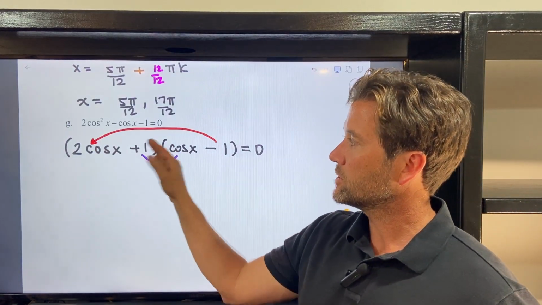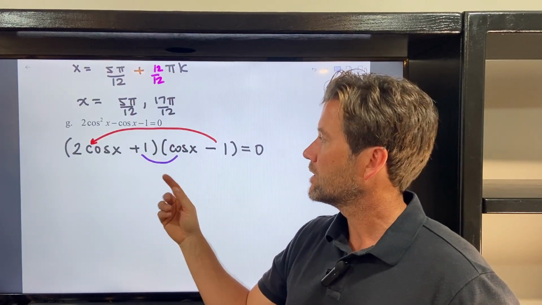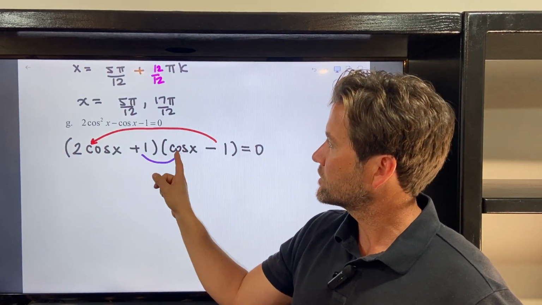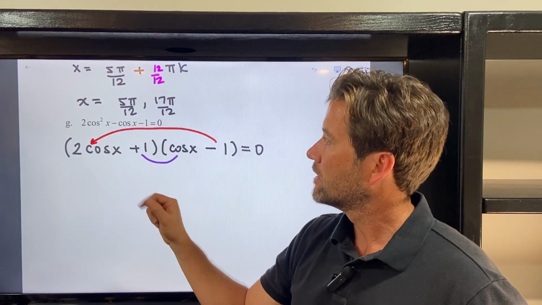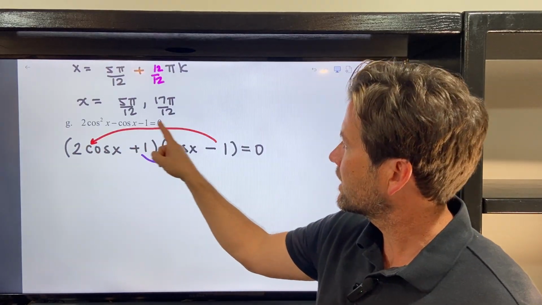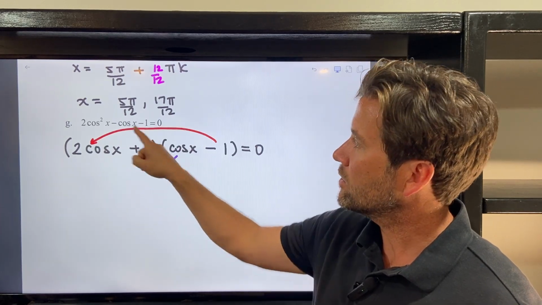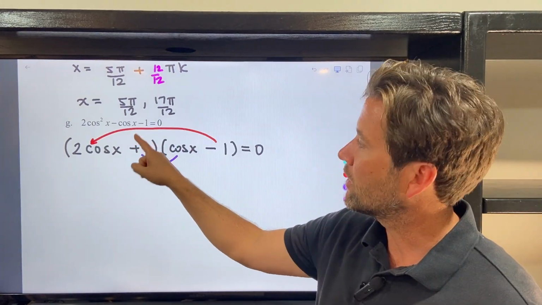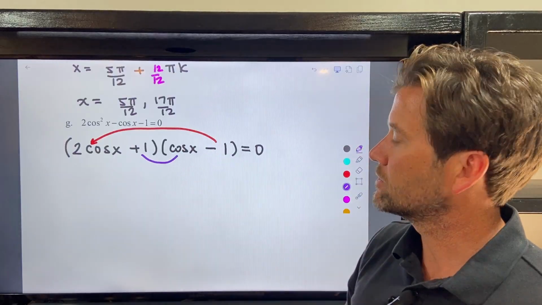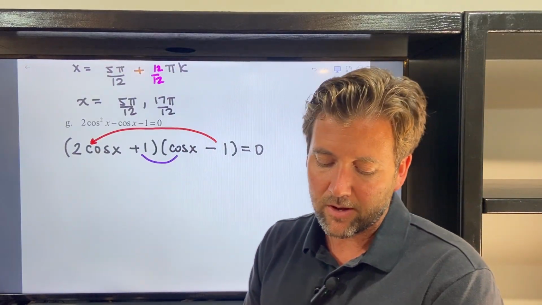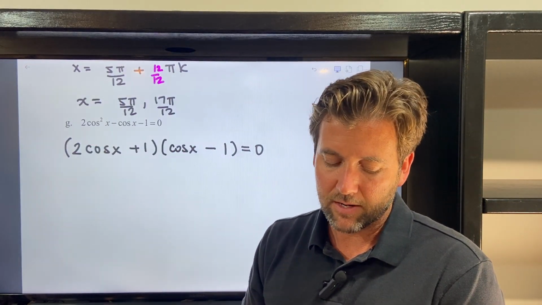So if I were to distribute this, do FOIL, double distribute, the first term would be 2 cosine squared x, that checks out. Then I have 2 cosine x times -1 plus cosine of x will equal that middle term. So this is checking out. And then 1 times -1 is -1. So that's how I prefer to factor this quadratic.